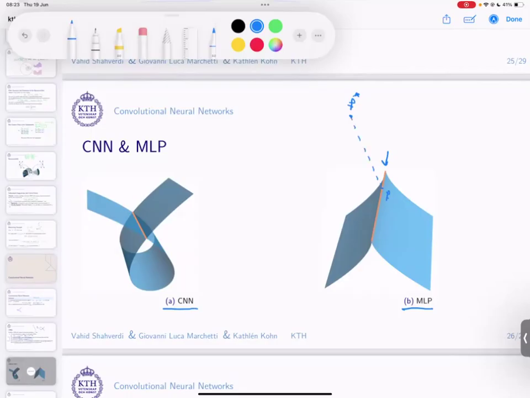But in the CNN setting, because of this multi-crossing singularity that we have, these singular points, these subnetworks, are not going to be attracted by the optimization process. So there is a big difference between CNN and MLP in terms of their neuromanifold.